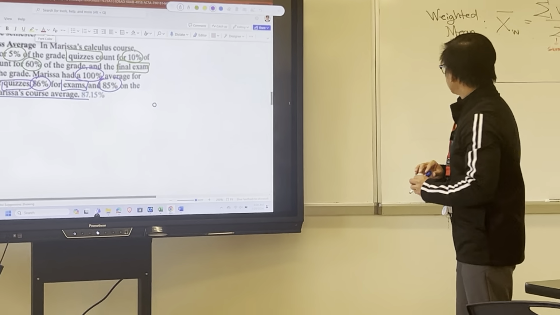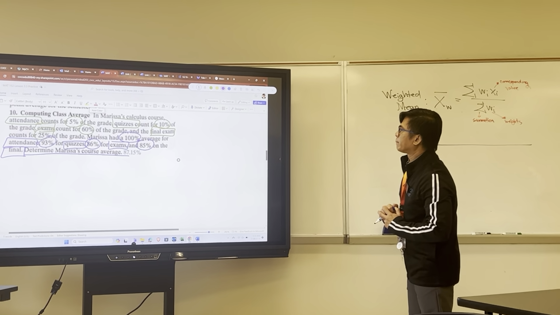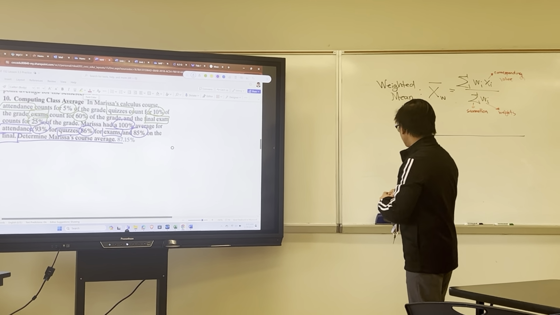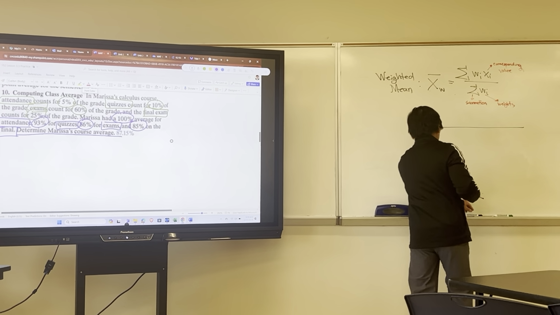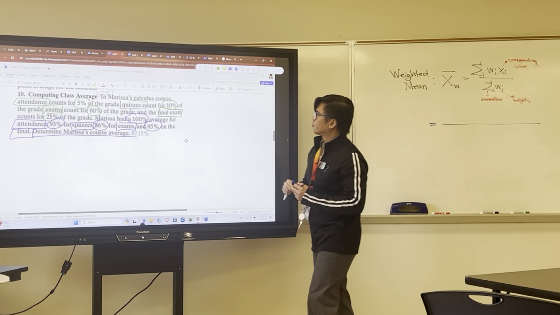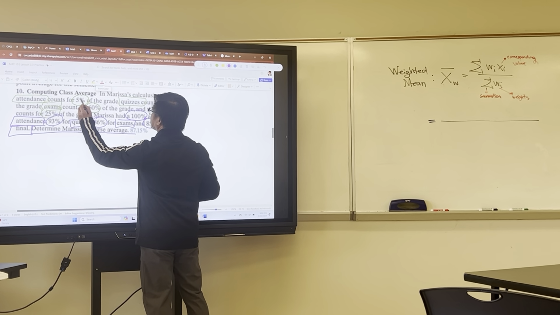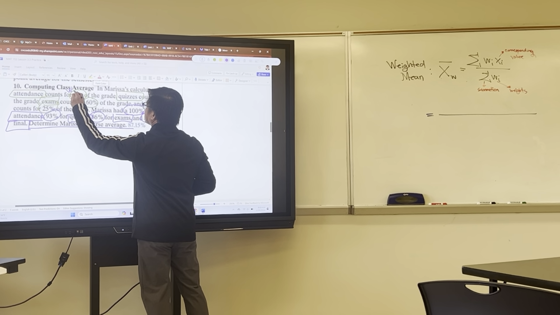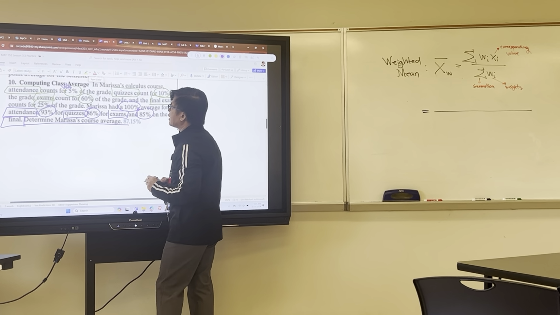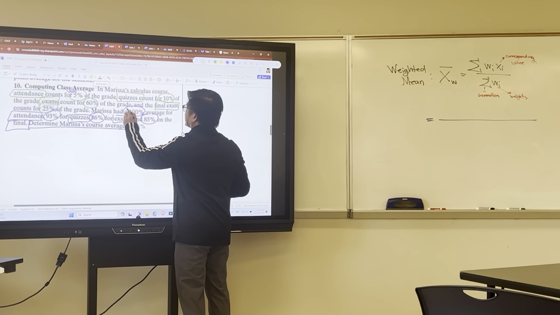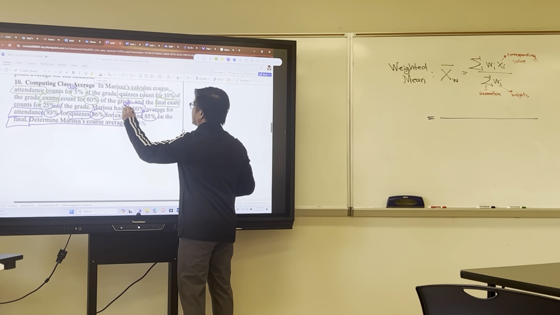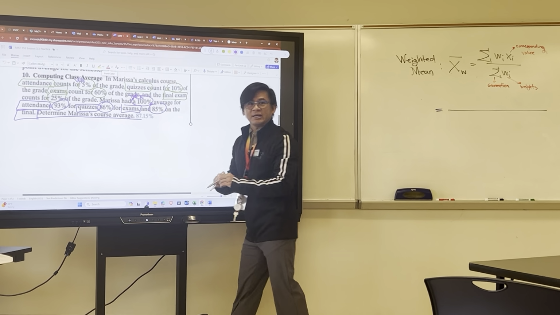So what's the first consideration? We're gonna first consider the attendance. So what's the attendance in here? It's 5% for the attendance, let's call it WA. And what's the grade for the attendance? Well, she got a perfect attendance, so that's your XA.